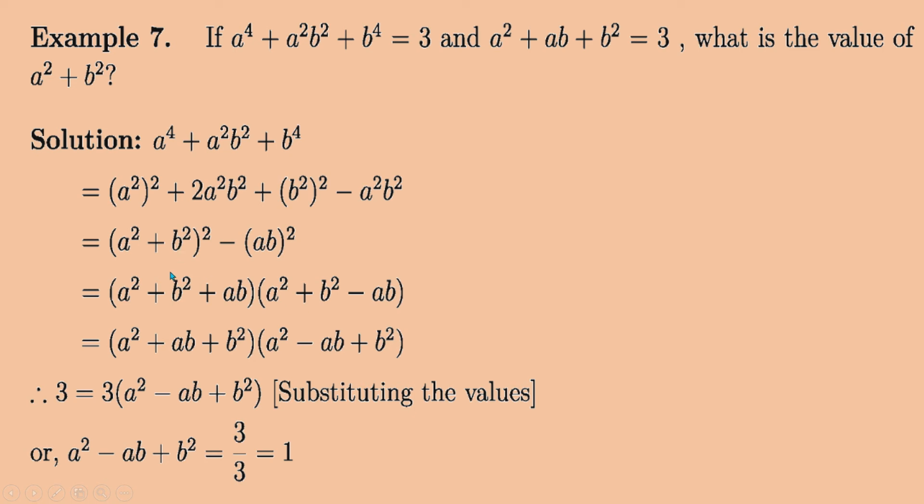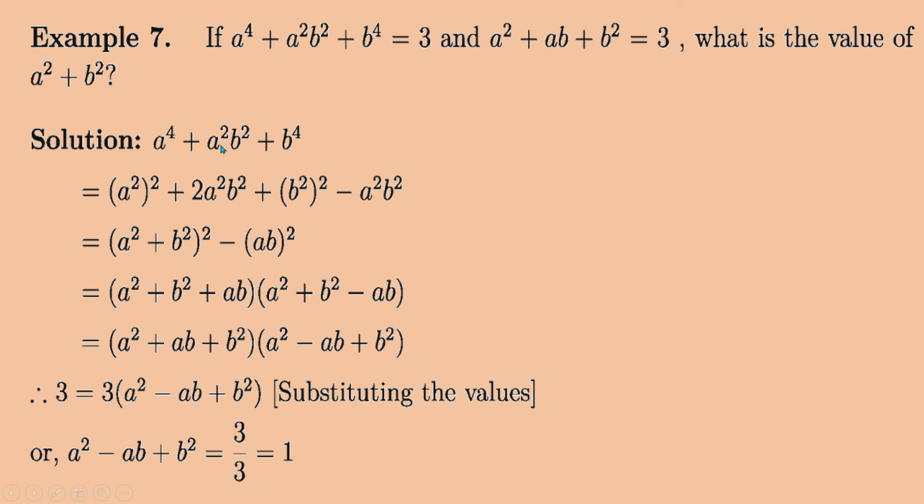Here a means a square plus b square and b means ab. So (a plus b) into (a minus b), and this we can write as (a square plus ab plus b square), that means written in arrangement, (a square minus ab plus b square). Okay.